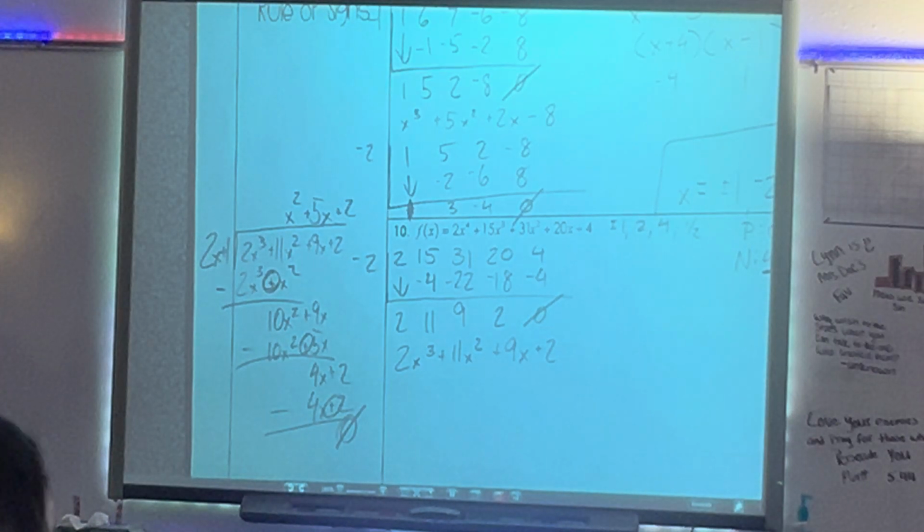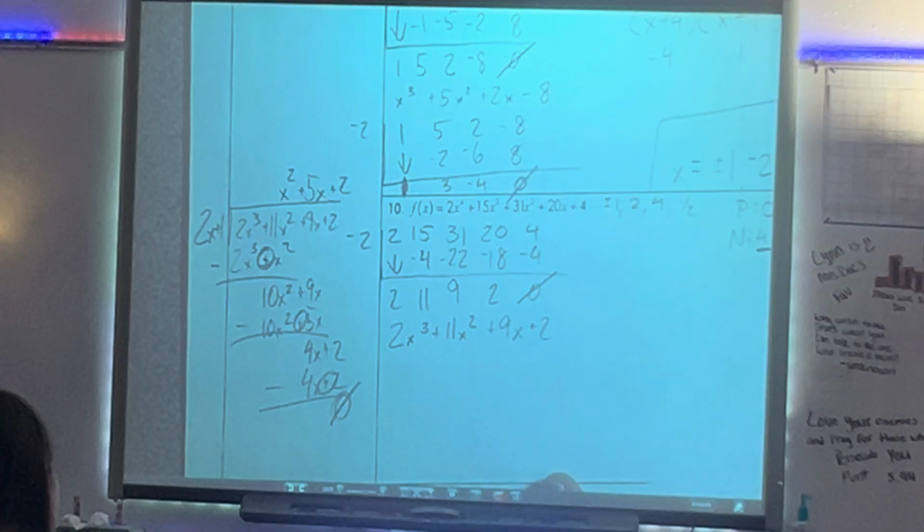Y'all are okay that that does not factor, right? So if I have a quadratic that does not factor, then that means I'm going to have to do the quadratic formula.